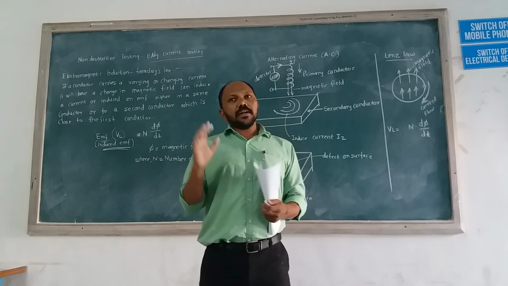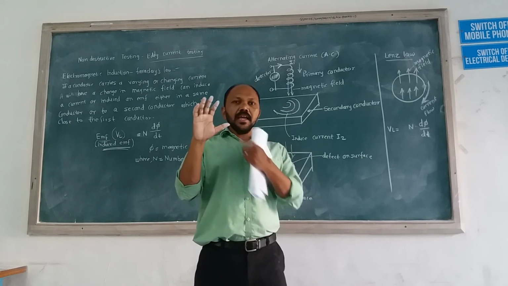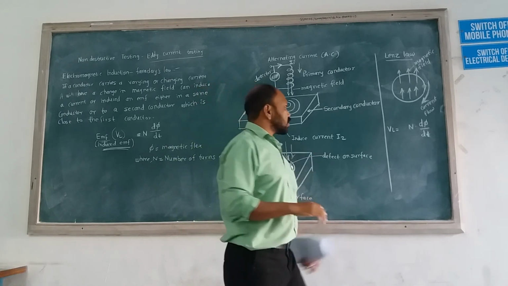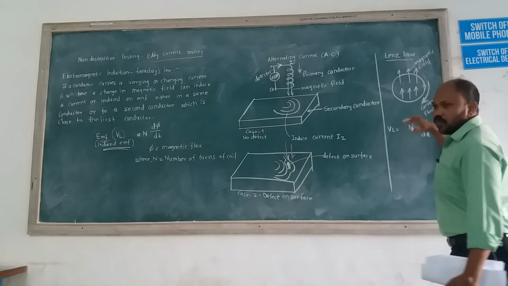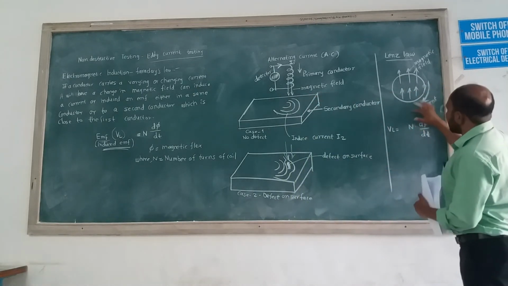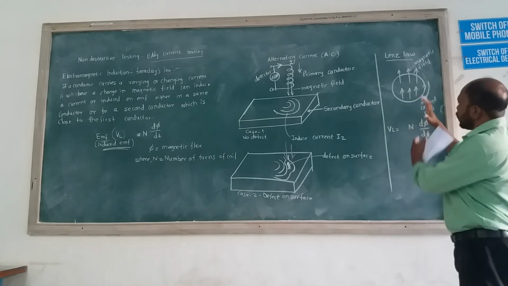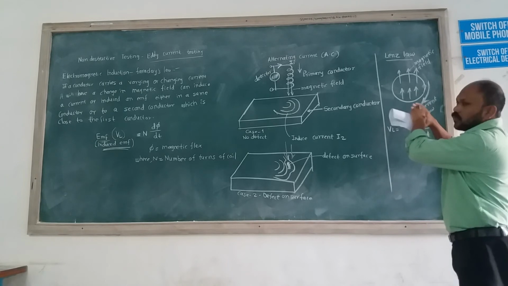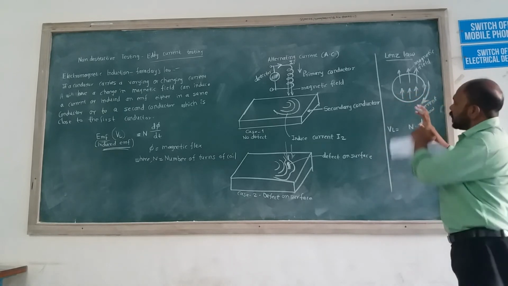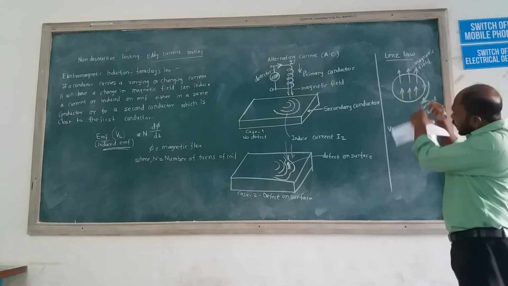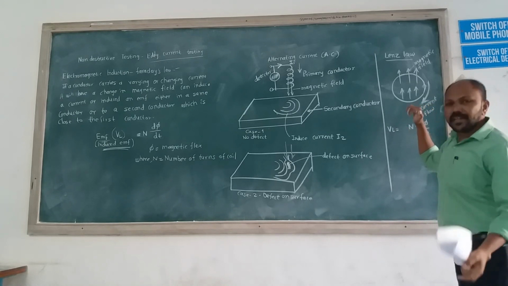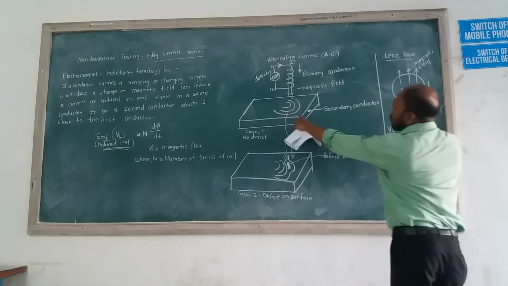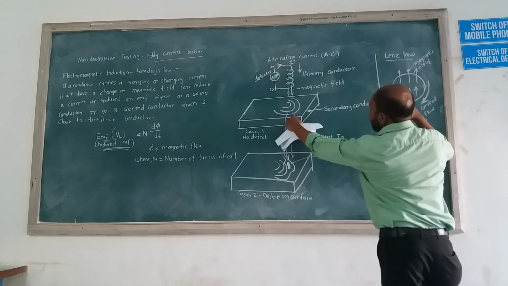Consider your right hand and point your thumb in the same direction as the current flow. Then curl your fingers. The curled fingers show the direction of the magnetic field generated by this induced current.